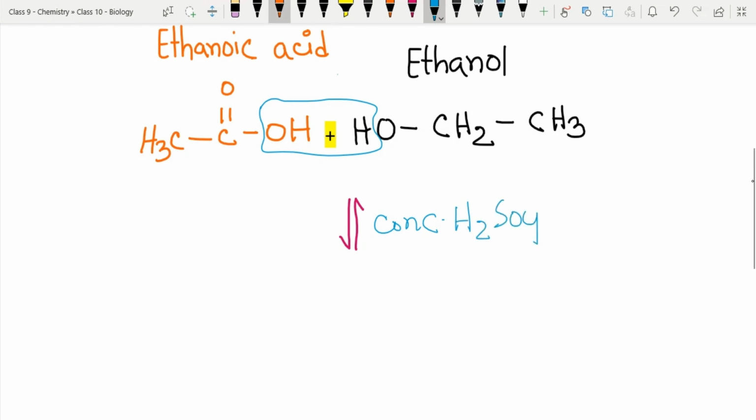So we can write the water molecule as hydrogen, oxygen, that is hydroxyl group of acid and hydrogen atom of ethanol forming a water molecule.